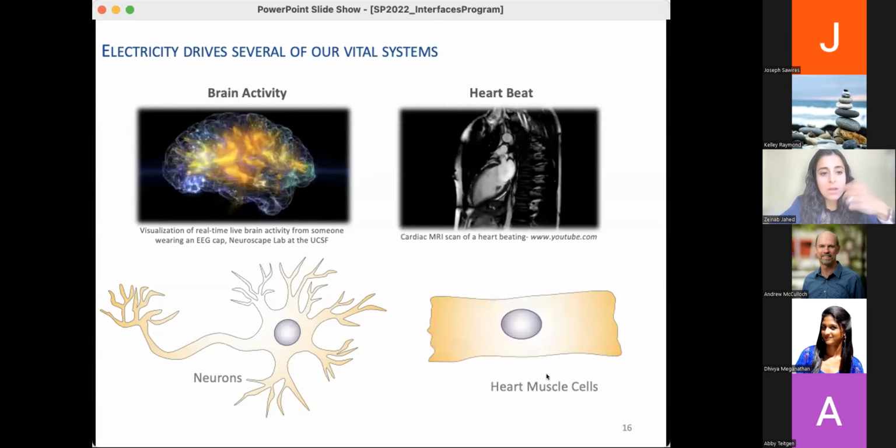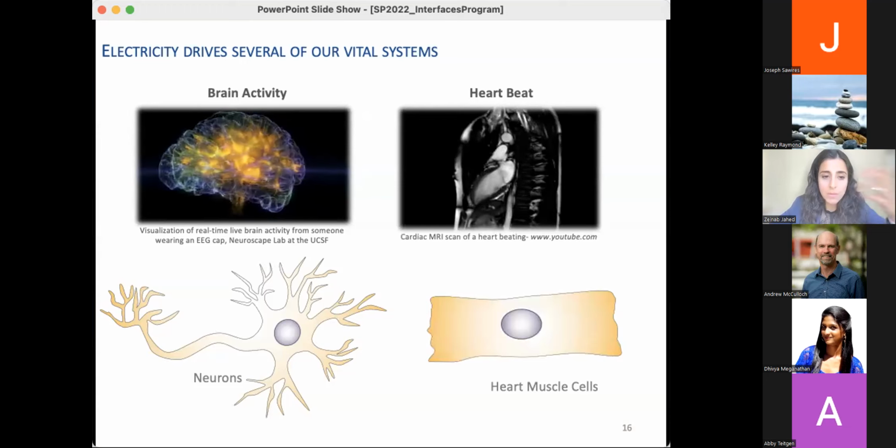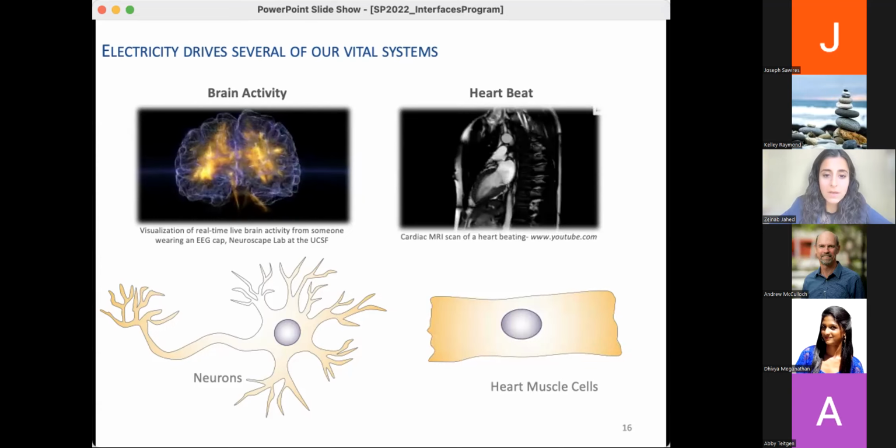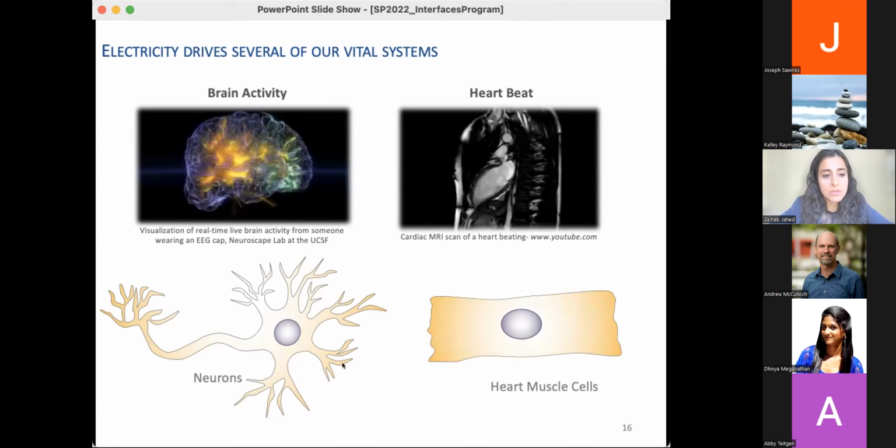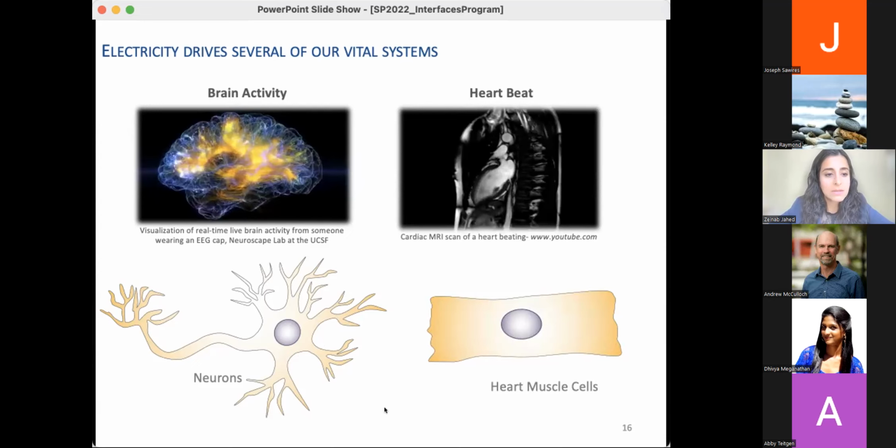However, some of us might not completely be aware that the beating of our heart, which is one of our most vital processes, is also coordinated by the electrical activity of our heart muscle cells. So our sensors can record electrical signals from these types of electrogenic cells, so neurons and heart muscle cells.